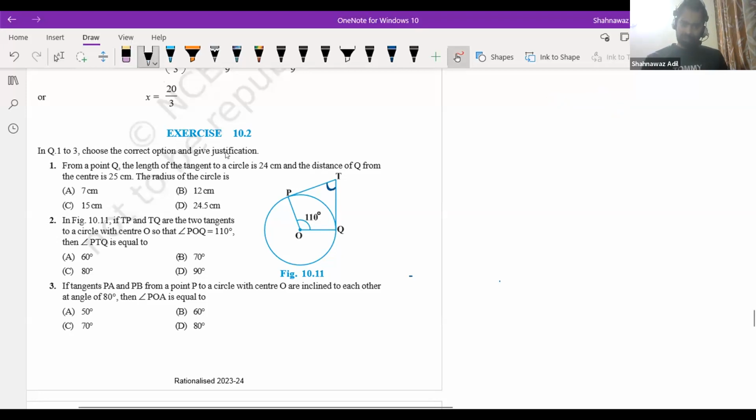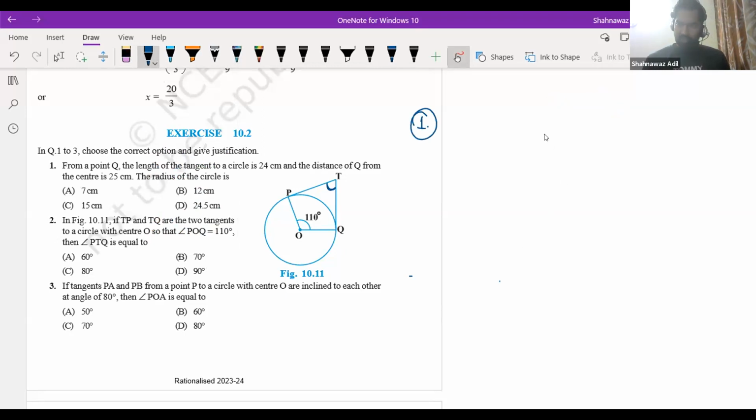So the first question. Choose the correct option and give justification. From a point Q, the length of the tangent to a circle is 24 centimeters.